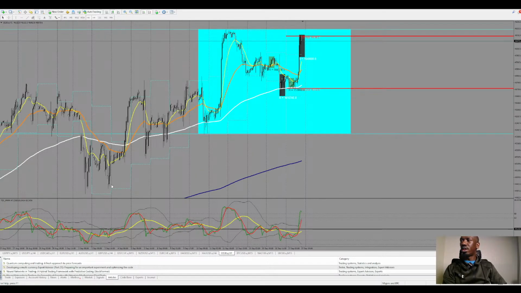On H1, likewise, we see the same. We are not seeing anything on H1 which would suggest to us that price is bearish. Temporarily here, the internal order flow was bearish, but that was swiftly corrected when price broke through this.